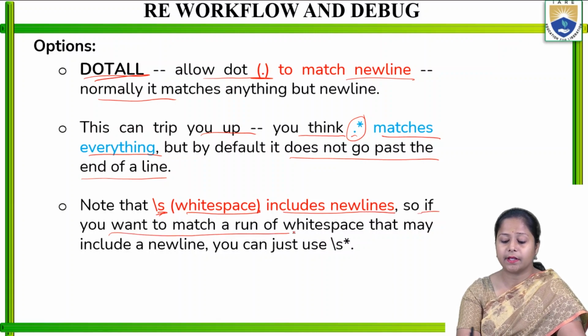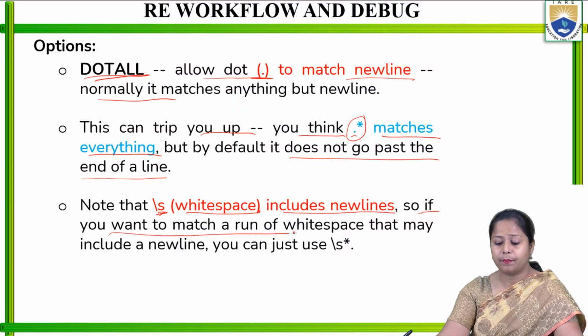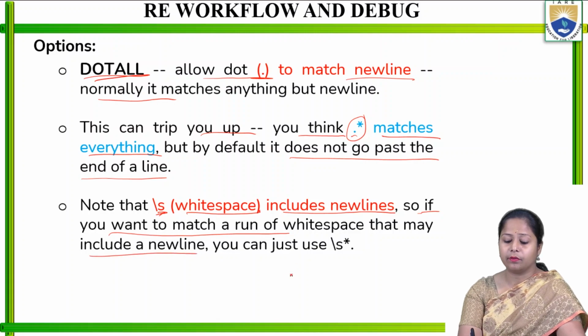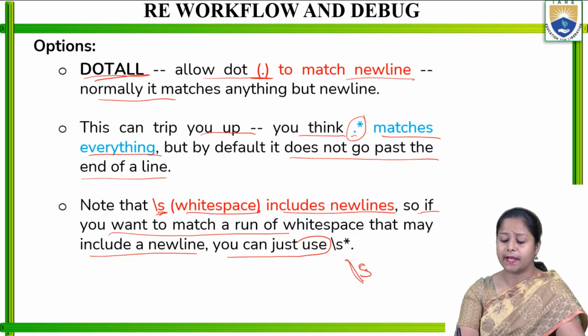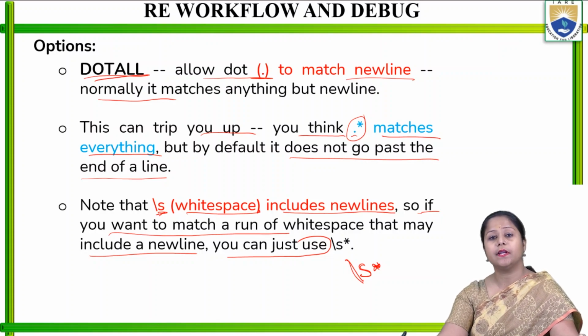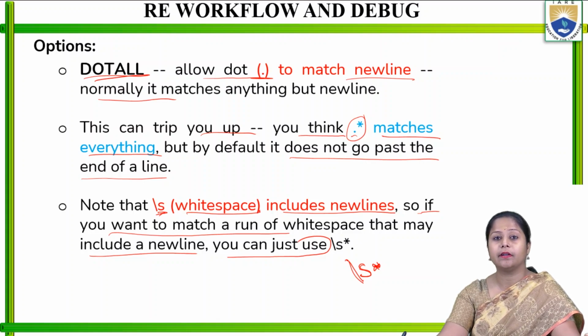So if you want to match a run of white space that may include a newline, you can just use backslash s and asterisk. That is going to give the white space including the newline also. So this will help us in debugging and the workflow, giving us options so we can search the patterns easily.